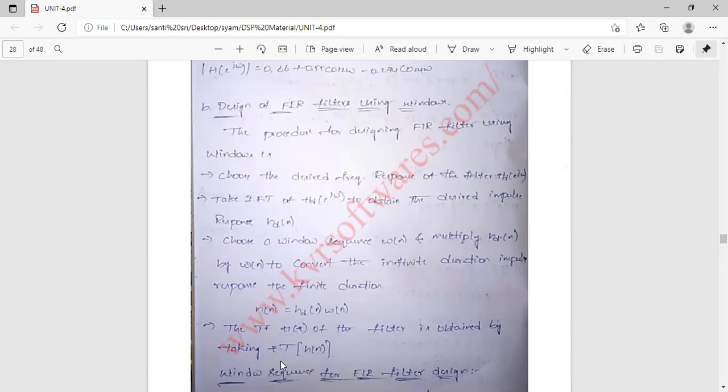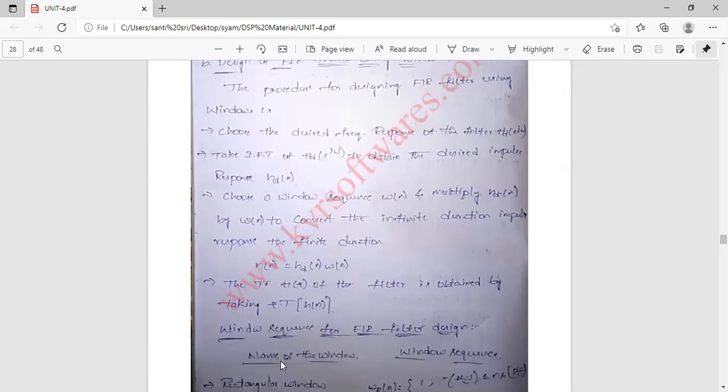Next, choose a window sequence omega of n and multiply it by HD of n, which converts the infinite duration impulse response to the finite duration, that is h of n is equal to HD of n into omega of n. The transfer function h of z of the filter is obtained by taking the z transform of h of n.